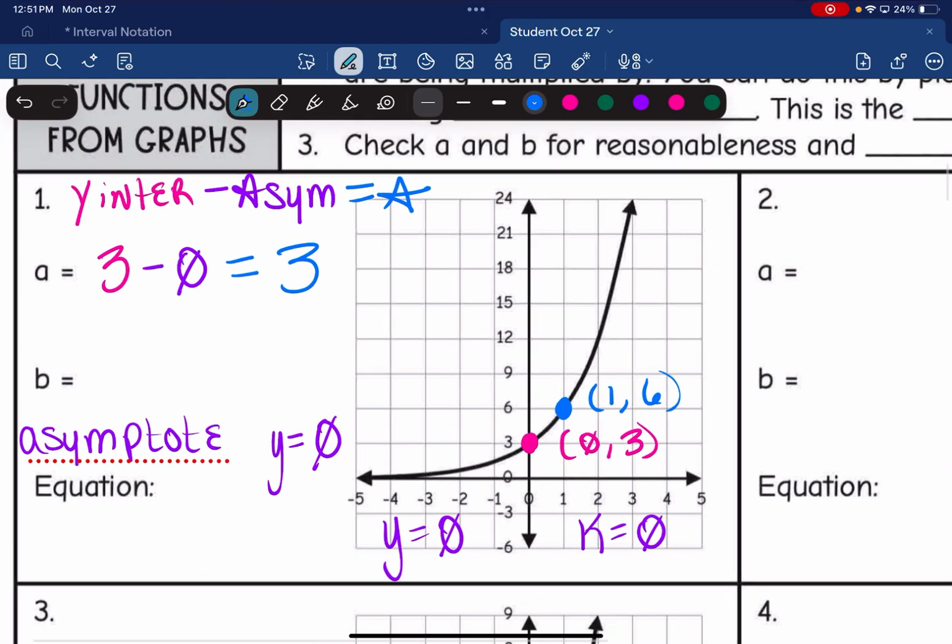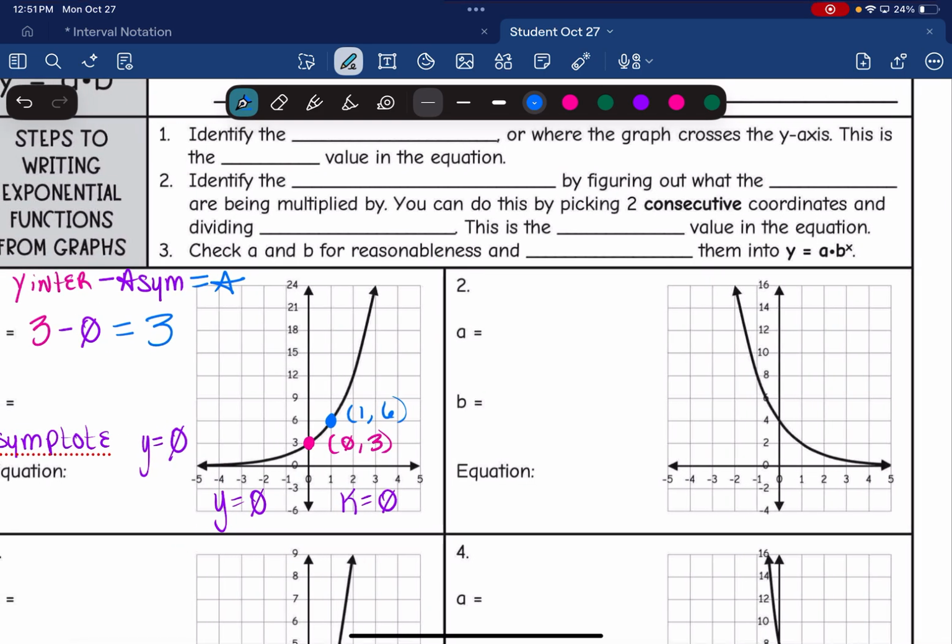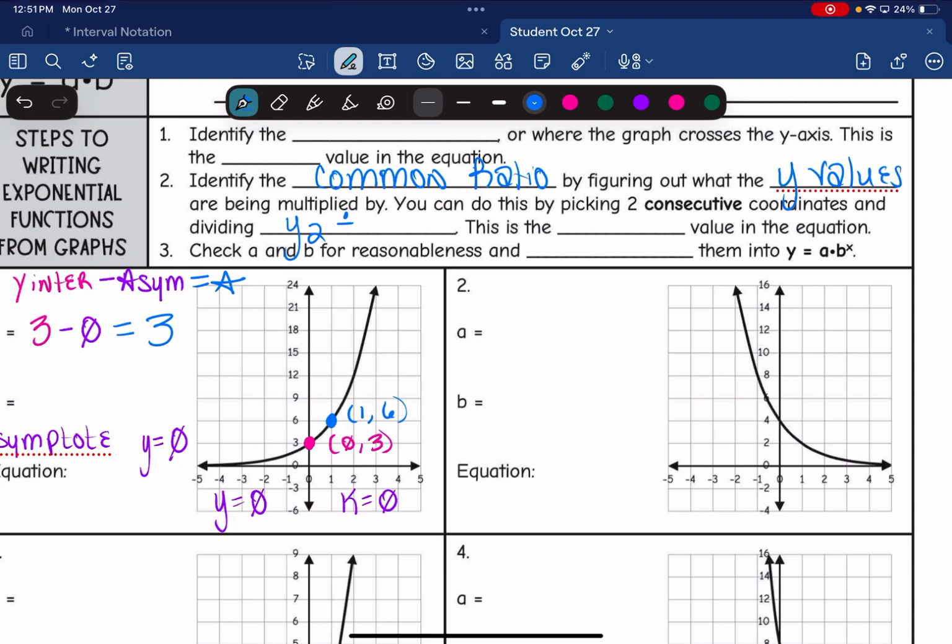So looking at my y values, because we're looking for the common ratio, I'm going to take the second y value, y2, the one where it's 1, comma, whatever number, and I'm going to divide it by your y-intercept.